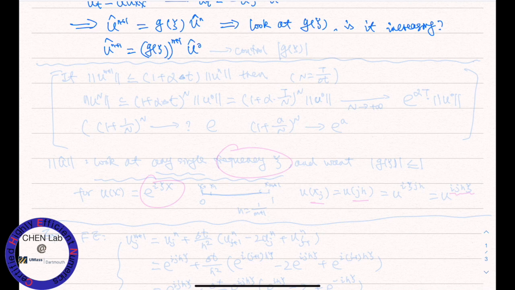So if you want it to be stable, you don't want the U^(n+1) to blow up, then you better have a control of the G(c), because you're taking this guy to a huge power, potentially infinitely many steps.